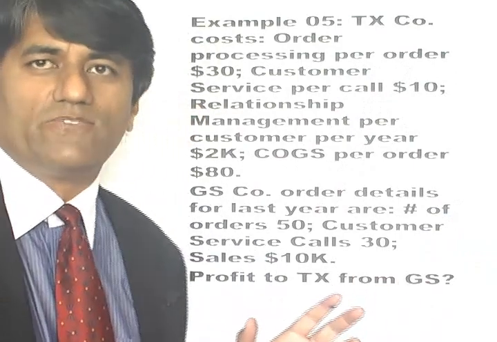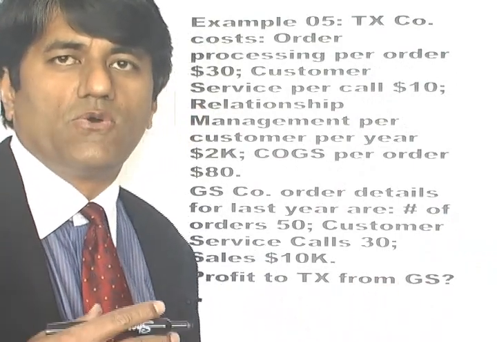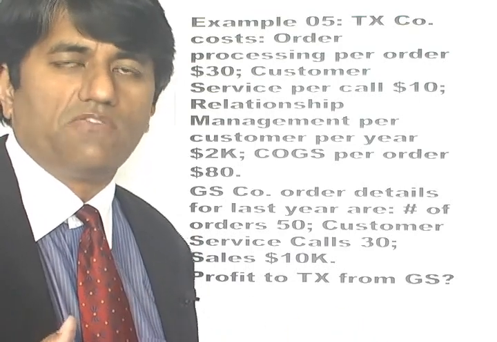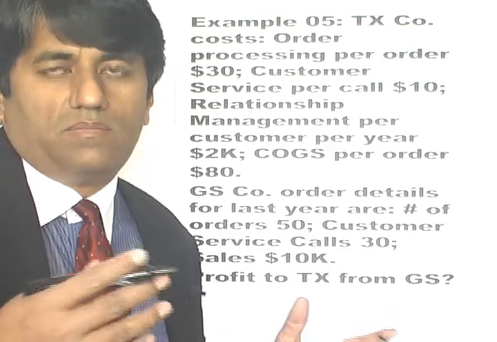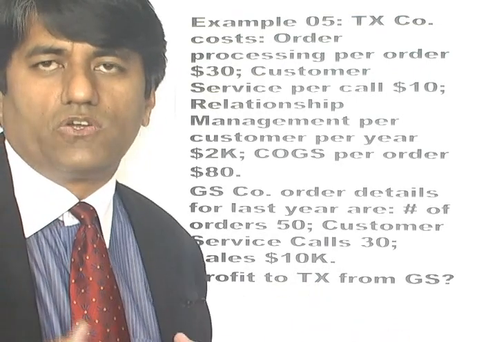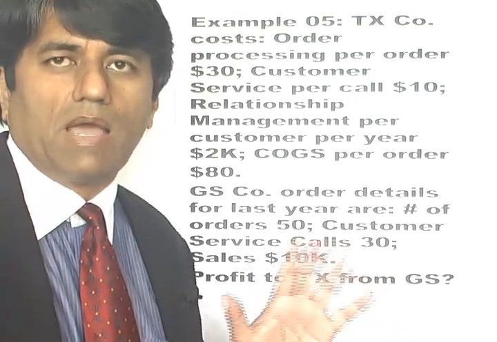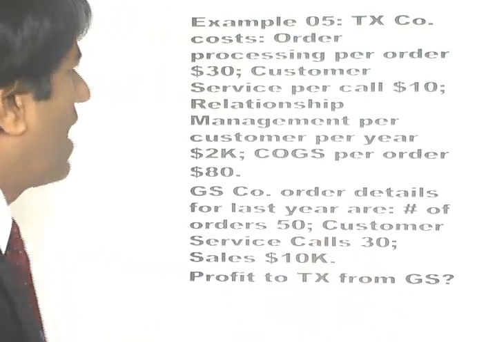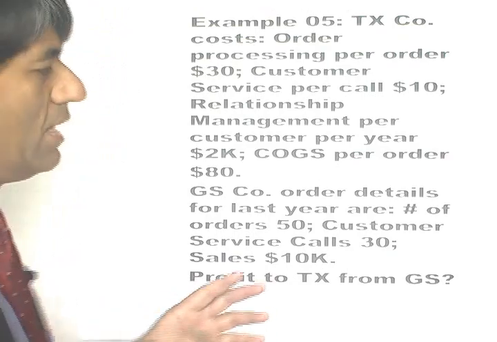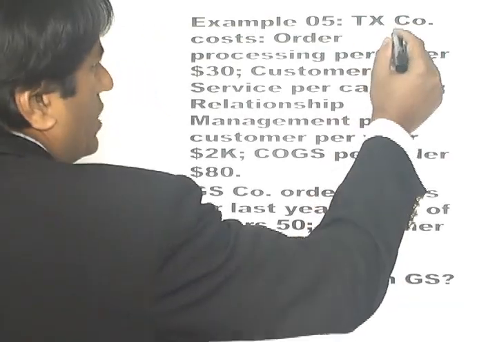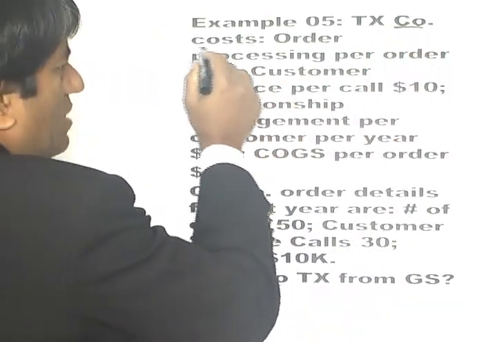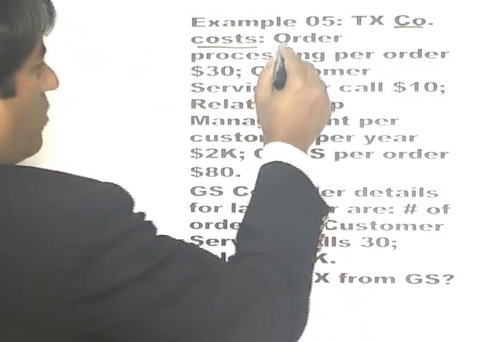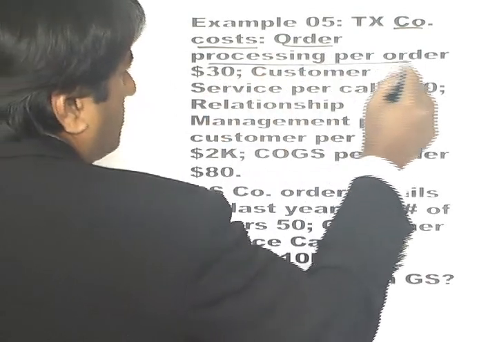Here we have a question where a firm is trying to figure out if an existing customer account is really profitable, or whether it's unprofitable and they should renegotiate with the customer or say bye-bye. So it's trying to figure that out. And what we have here is TX Corporation has estimated these costs. Now these costs are for order processing per order.